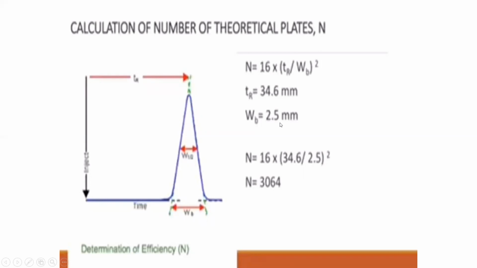Here, the number of theoretical plates can be calculated using the formula n is equal to 16 tR squared divided by W squared. Substituting the retention time tR equal to 34.6 millimeters and WB equal to 2.5 millimeters, we can simplify and get n is equal to 3064, which is the number of theoretical plates.